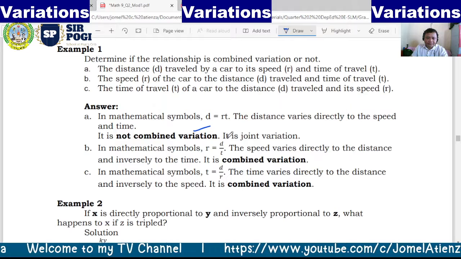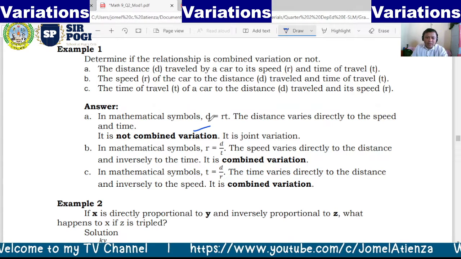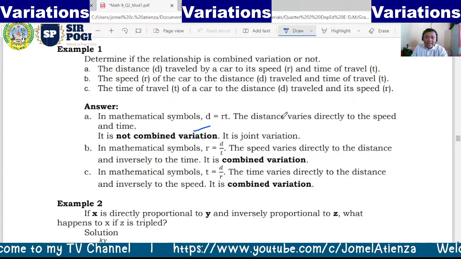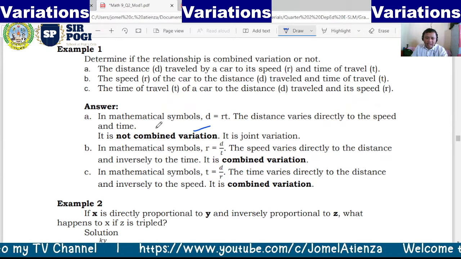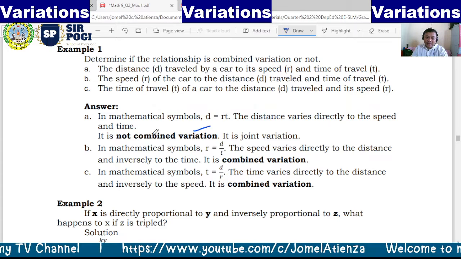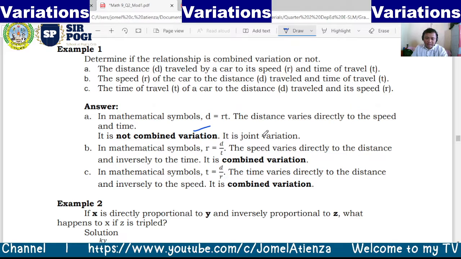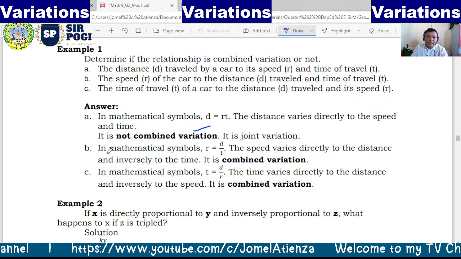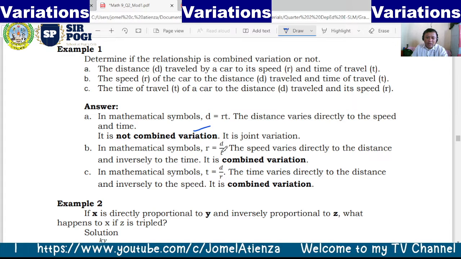Okay? Bakit? In mathematical symbols, d is equal to rt. The distance varies directly to the speed and the time. So therefore, it is not a combined variation, and it is a joint variation. And then, in mathematical symbols, r is equal to d over t.